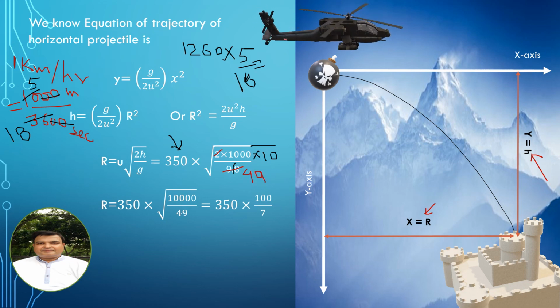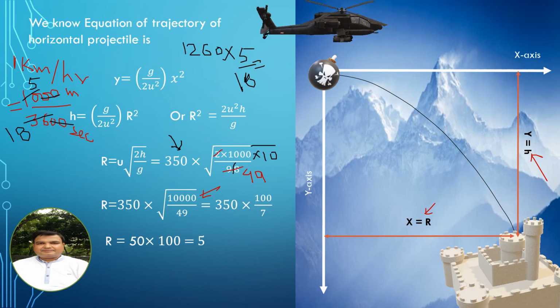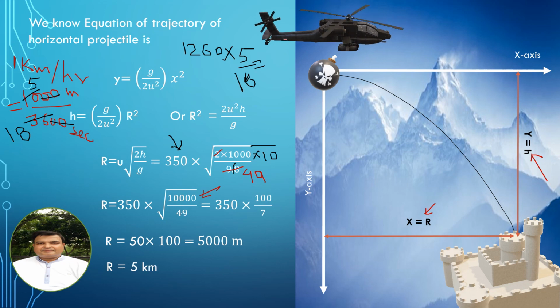Yes. Now in the numerator the 10,000, and in the denominator 49. Now easily we can take the square root of 10,000, which is 100, and 49, everybody knows, is 7. Now it's clear. We further solve it out. 7 5s are 35, means 50 multiplied by 100. What we are getting? 5000 meter, and you know 1000 meter is 1 kilometer. That's why R is equal to 5 kilometer. That's the answer. Your problem is solved.